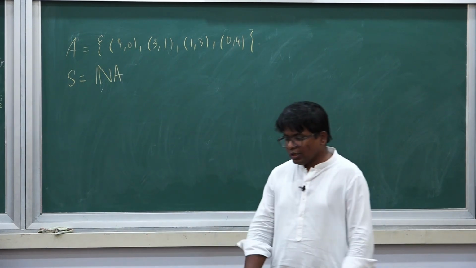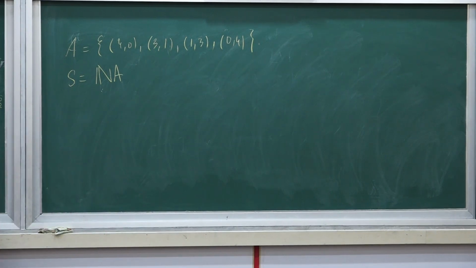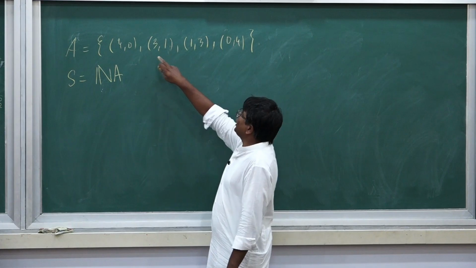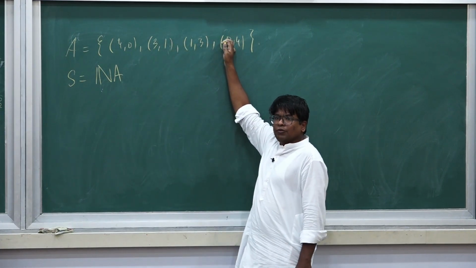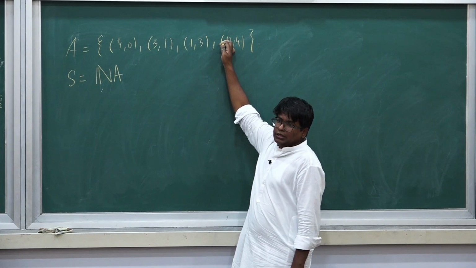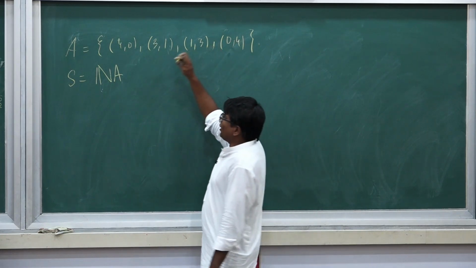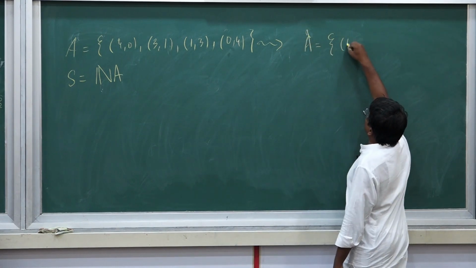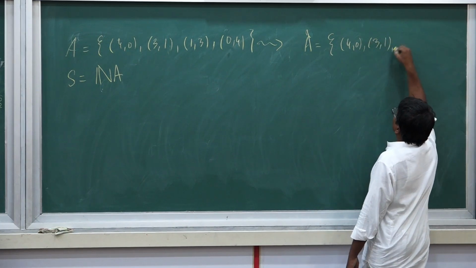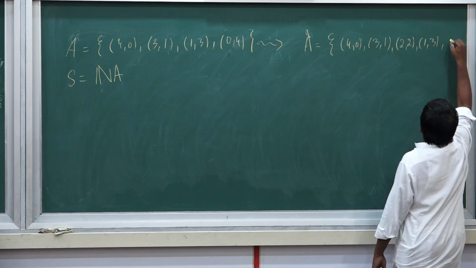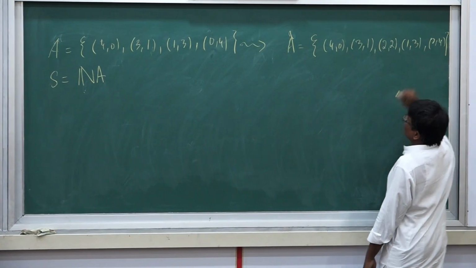That's all the natural linear sums of these points, and this is clearly not saturated, because here there is an element (4,4) which is 2 times (2,2), but (2,2) is not in this S. So what I have to do is simply create A tilde, which is going to be (4,0), (3,1), (2,2), (1,3) and (0,4).